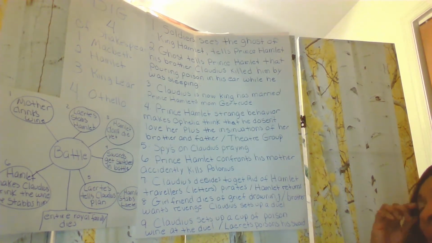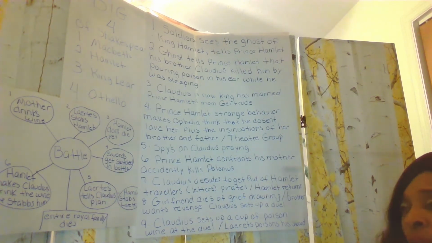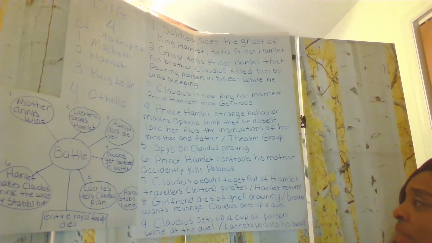Okay? Because what Prince Hamlet wants to see is the reaction of Claudius while watching the production. And so the theatrical group reenacts the death of his father. They pour poison in one of the actors' ears, and so this reenacts the actual death.